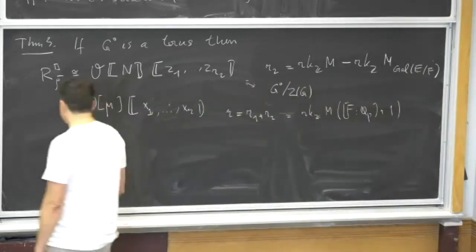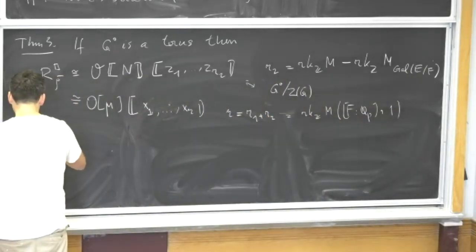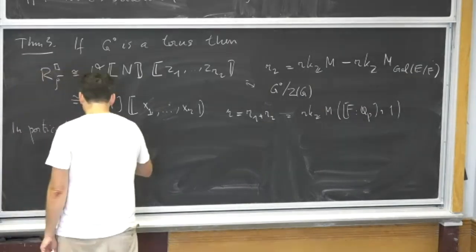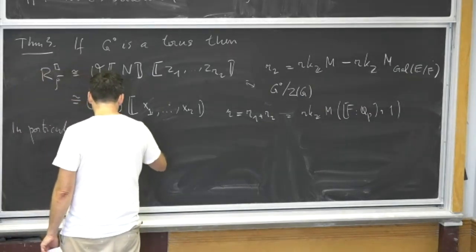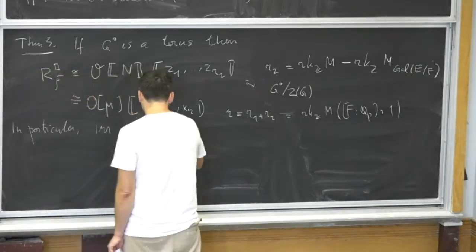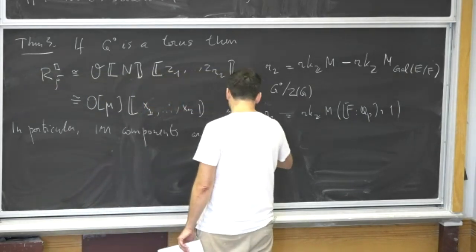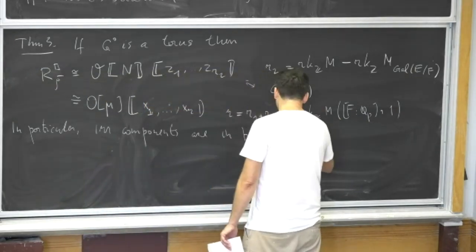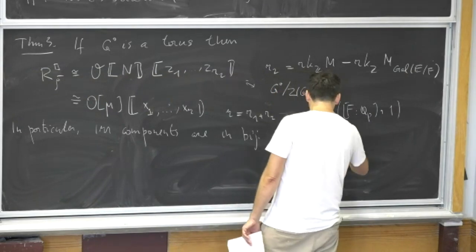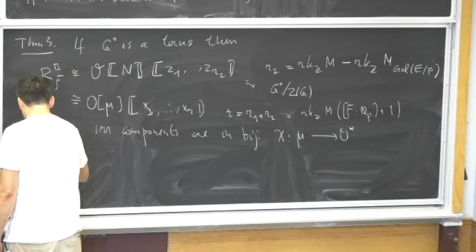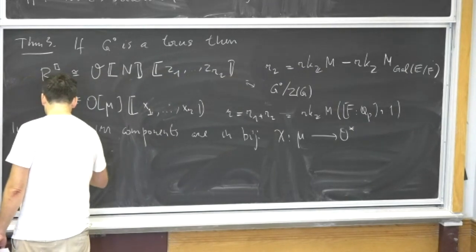So in particular, irreducible components are in bijection with characters, so it's mu to all times, and are formally smooth.